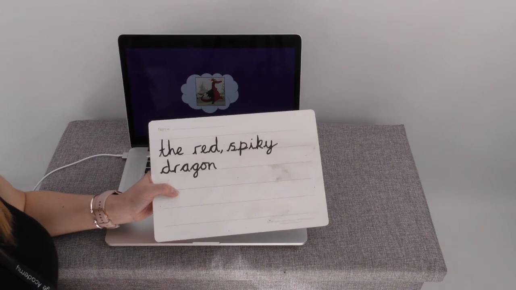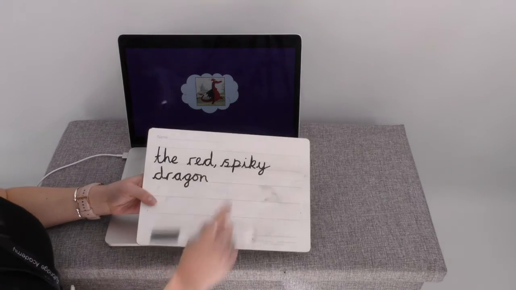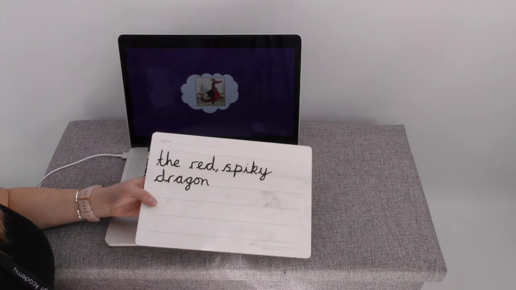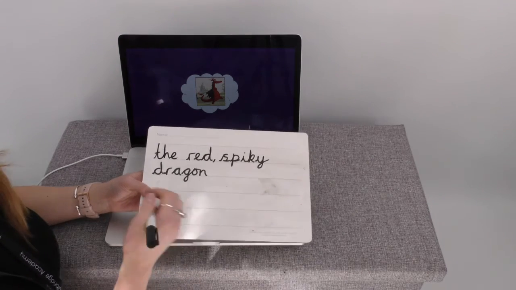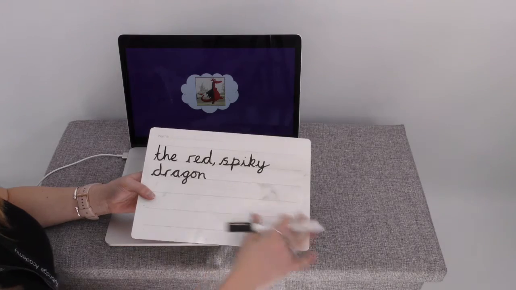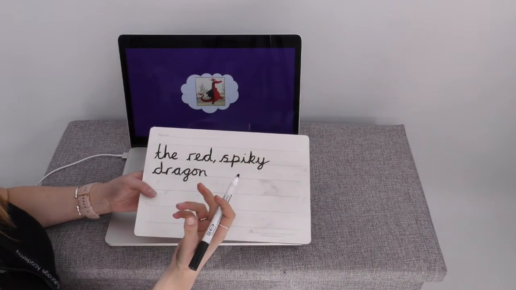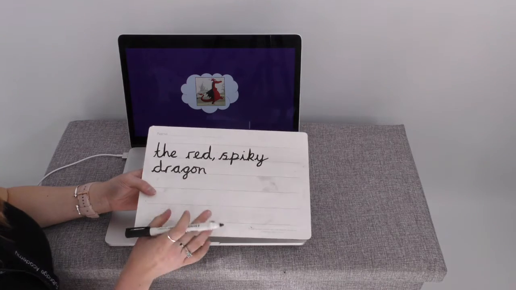So what I'd like you to do now is write some of your own noun phrases, your expanded noun phrases about the dragon. We cannot have any verbs in it. If there are verbs in it, it doesn't become a noun phrase anymore. A noun phrase has the noun and if it's an expanded noun phrase, some description about it.